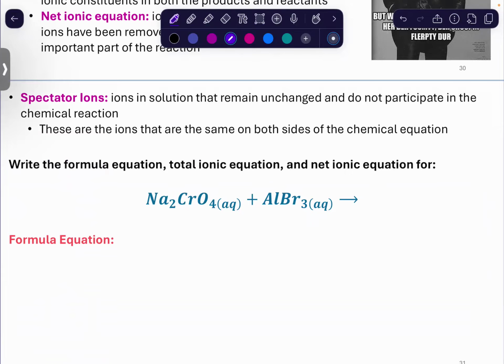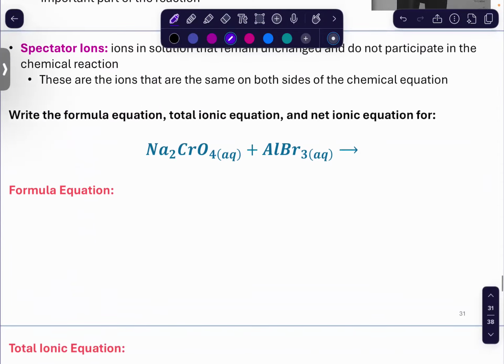So let's go back to one of our reactions. Our sodium chromate and our aluminum bromide. So we already did this one.